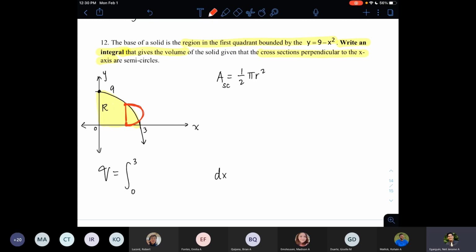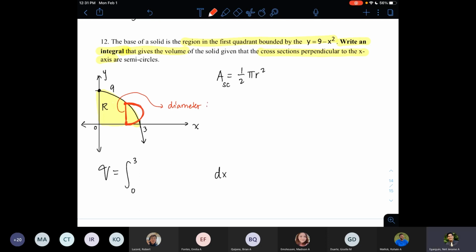Okay. And now, how do we find the area? Well, if we look at this rough sketch here, the length of the strip tells us the diameter of the semicircle, right? The diameter is basically the height of our vertical strip. Now the vertical strip, again, is top minus bottom, right?